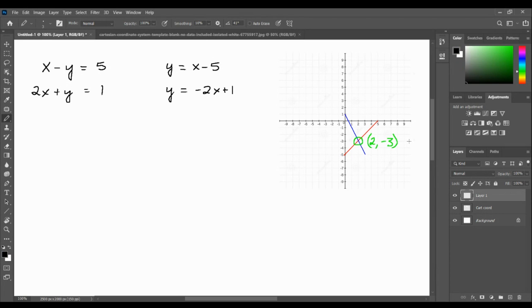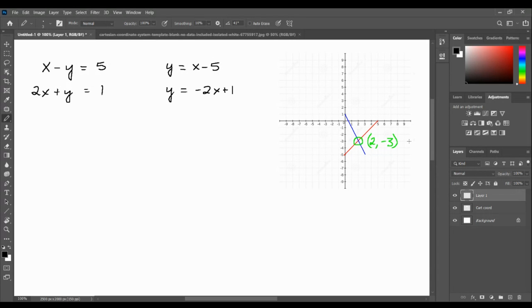So this whole section is talking about that intersection of the two lines. Sections 9.1 and 9.2 are both talking about the intersection of the two lines. We can find it graphically like we just did, or we can find it mathematically. Mathematically, there are two different ways to solve this system of equations.